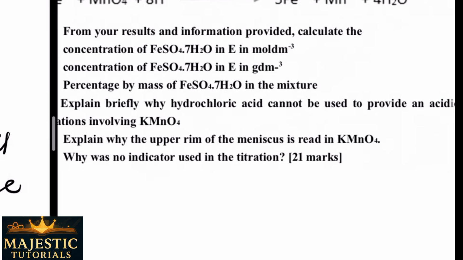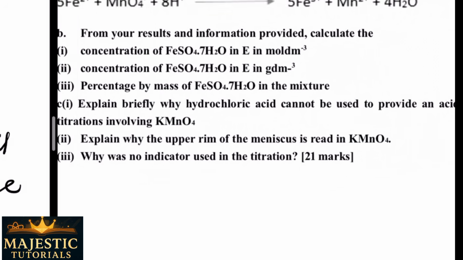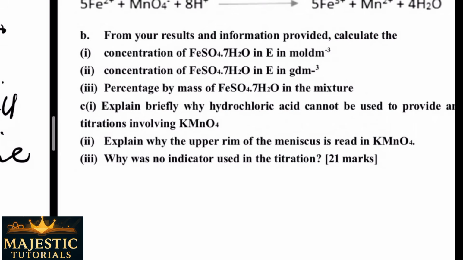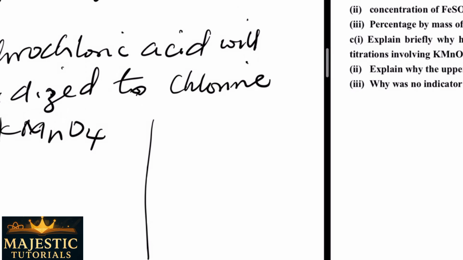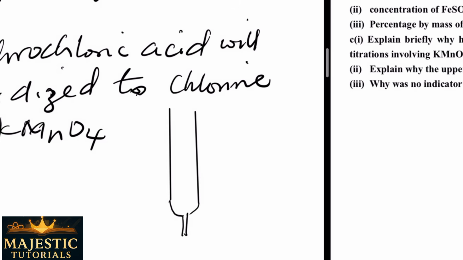Now, explain why the upper rim of the meniscus is read in KMnO4. This is a practical-oriented question. When you pour liquid in the burette, permit me to draw something that might represent our burette, with a tap. The tap is not our interest.